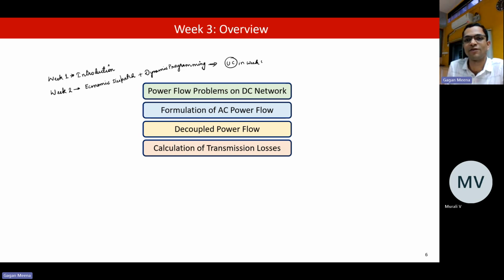So today is week 3. There is also a recap of most of the concepts, especially these power flow concepts, which we already studied in undergrad: AC and DC power flow.